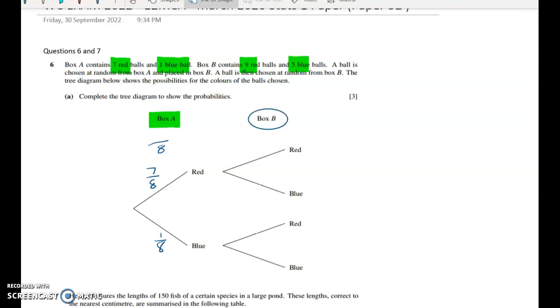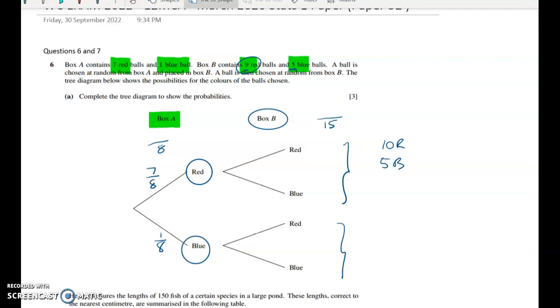Now in box B we start off with 14 balls, but 1 gets added in. So my denominator here will be out of 15, but it's going to depend on what happened in stage 1. If the first one chosen was red, that means that we now have 10 red and 5 blue.